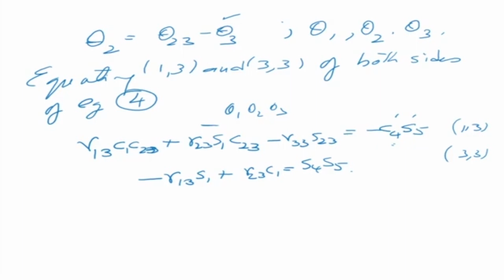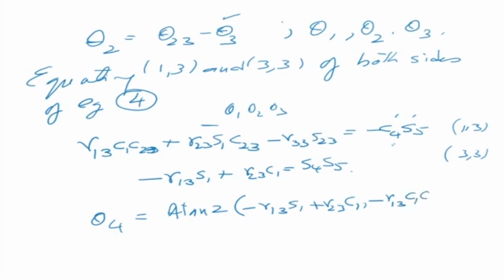Okay, now how do we solve this? Now we can solve this and find theta 4. We can square and add, and get that this is equal to a tan 2 of minus R1 3 S1 plus R2 3 C1, and minus of R1 3 C1 C2 3 minus R2 3 sine 1 cos 2 3 plus R3 3 sine 2 3.